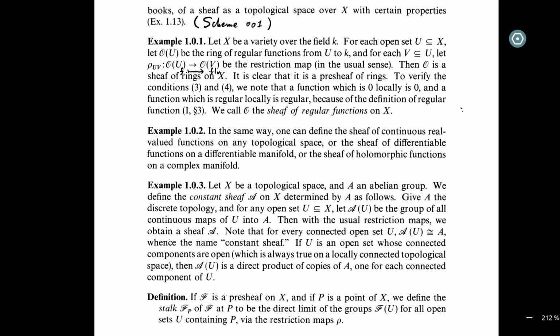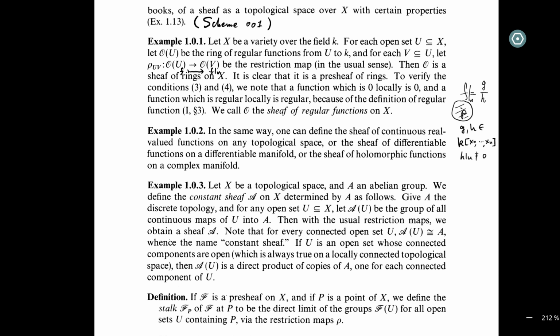For any point P, a function is regular at P if there exists an open set U containing P such that f on U is of the form g over h, for g and h in the coordinate polynomial algebra, and h restricted on U is never zero; there are no zero points.